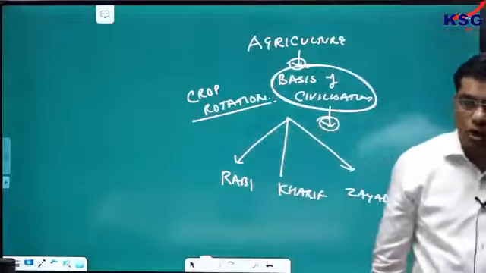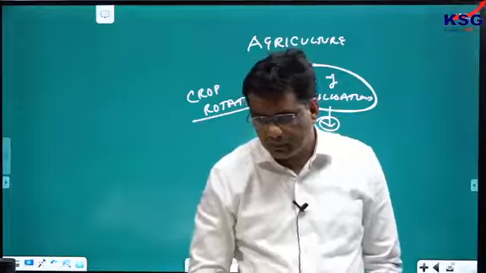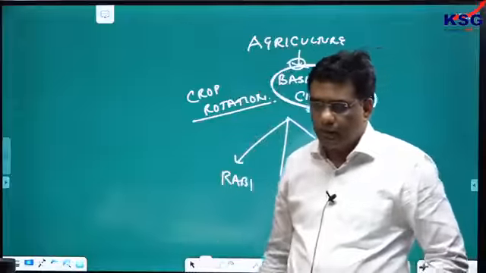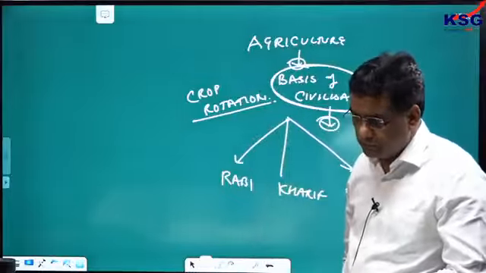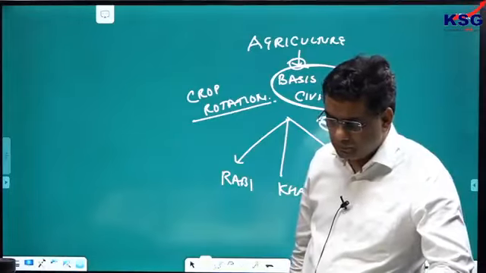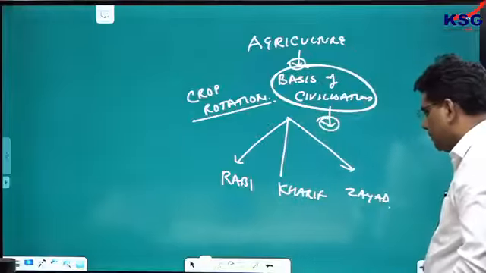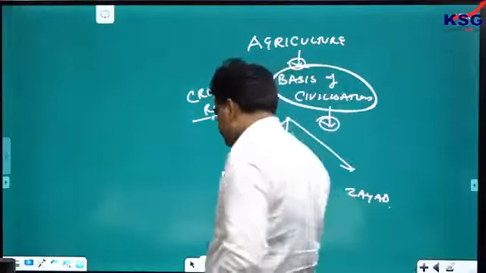Three types of the crops normally they produce: Rabi, Kharif and Jaid.